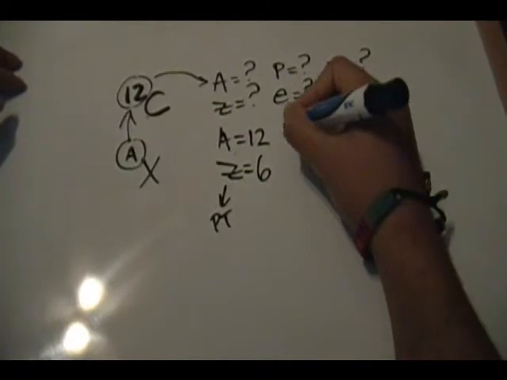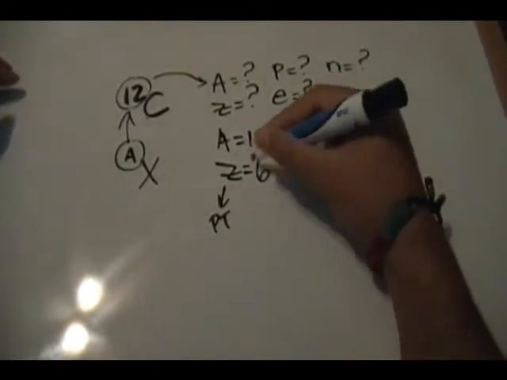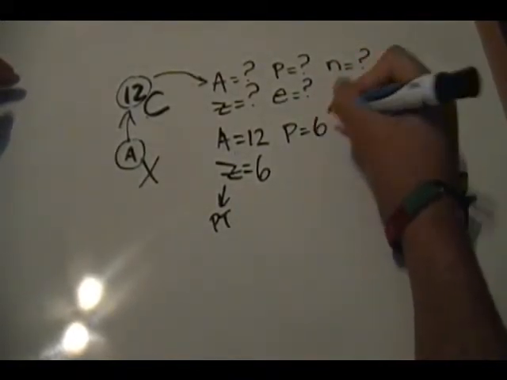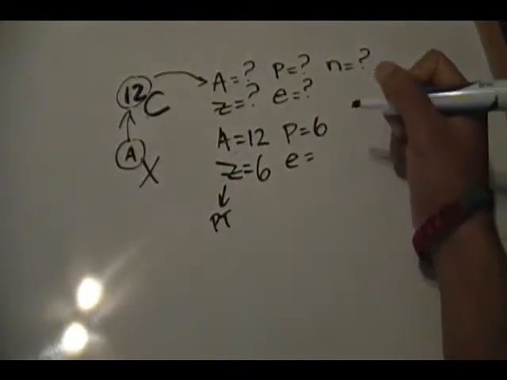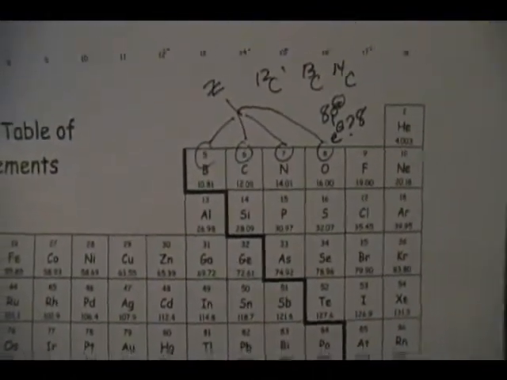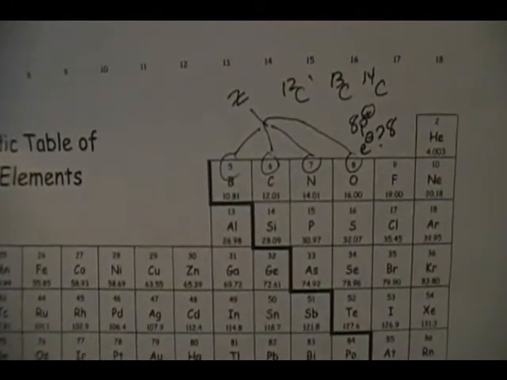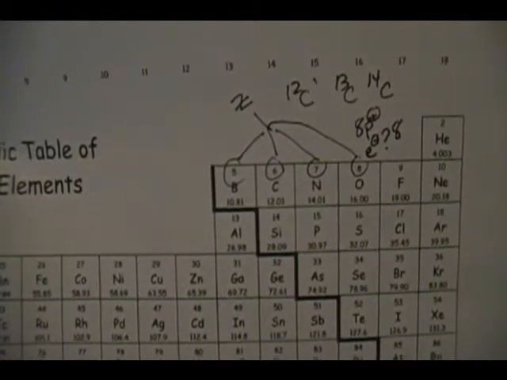Number of protons. How can you find the number of protons? Well, we just did. Atomic number and the amount of protons you have is the exact same thing. 6. Number of electrons. If you recall from the example with oxygen, in its elemental state, oxygen has 8 protons, and what amount of electrons does it need to have a neutral charge?